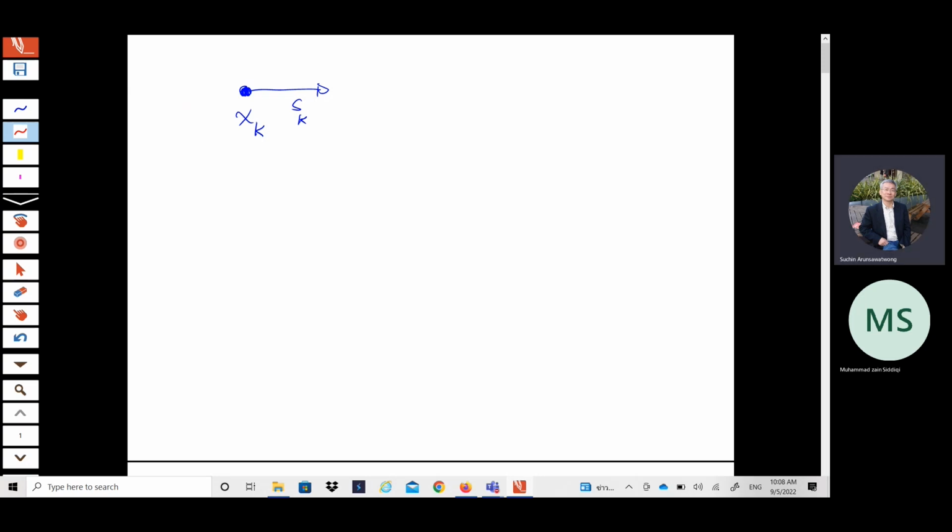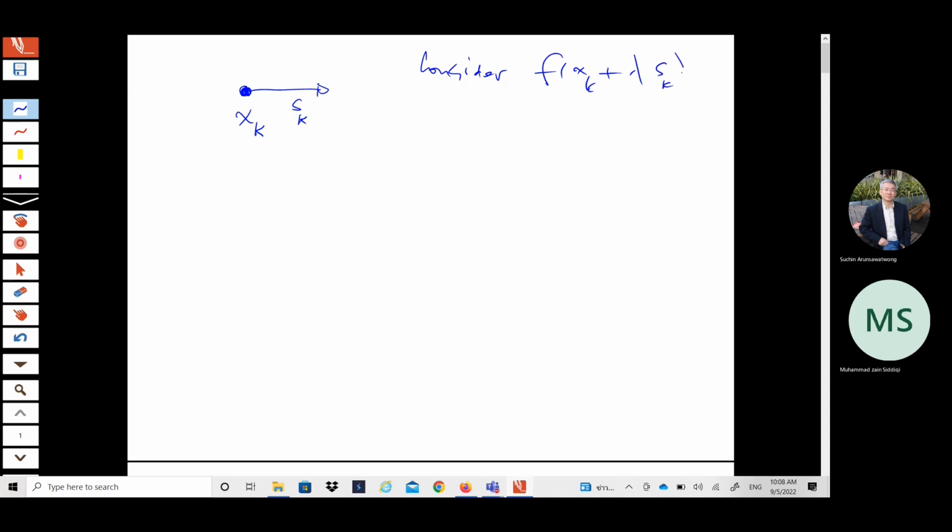Then we look at the function f of xk plus lambda sk. This is a function of a single variable, right? In the variable lambda.